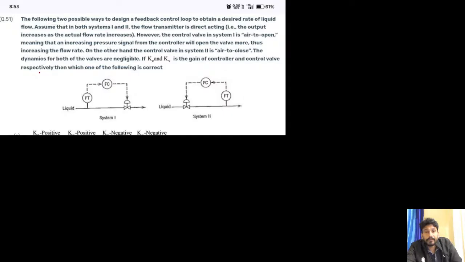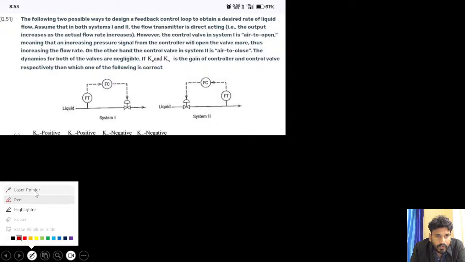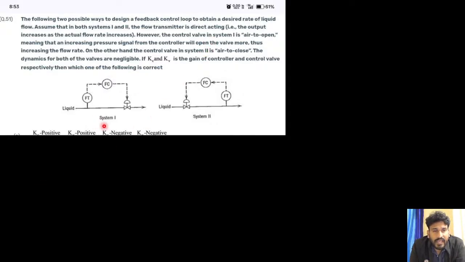Okay, see. So the question is saying, guys, we have two systems. पता नहीं आप में से किसी ने भेजा और ये इसके ऑप्शंस भी नहीं दिए मुझे सारे, यहीं से क्रॉप कर दिया इसको. चलिए कोई बात नहीं.